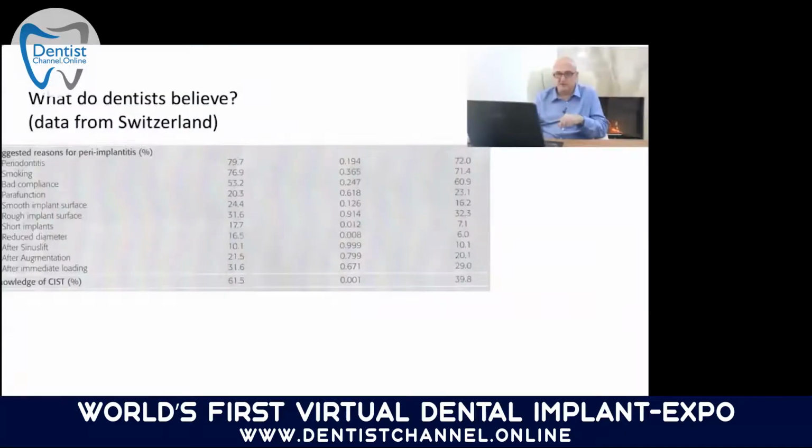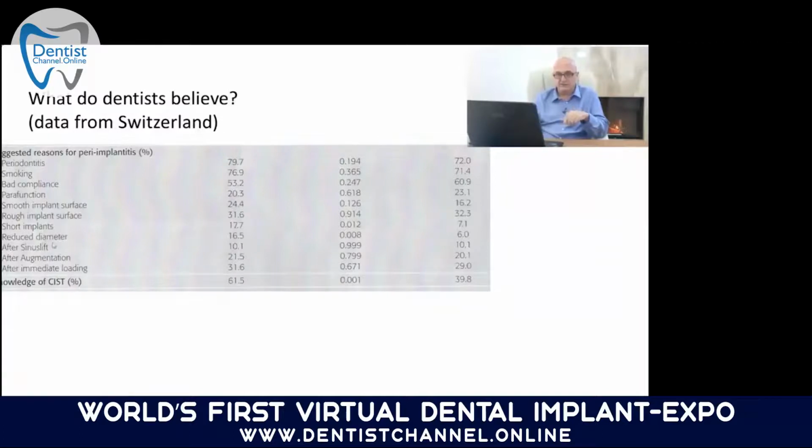Now, parafunction, this is something which I have to accept. I mean, if the patient is bruxing too much, then there can be problems with the implants. Then you see 24% of the dentists were thinking that the smooth implant surface made periimplantitis. 31% were thinking that the rough implant surface made periimplantitis. I have to say, Swiss dentists even start to believe that the rough surface makes periimplantitis. And an even smaller number thinks that the smooth implants make periimplantitis.